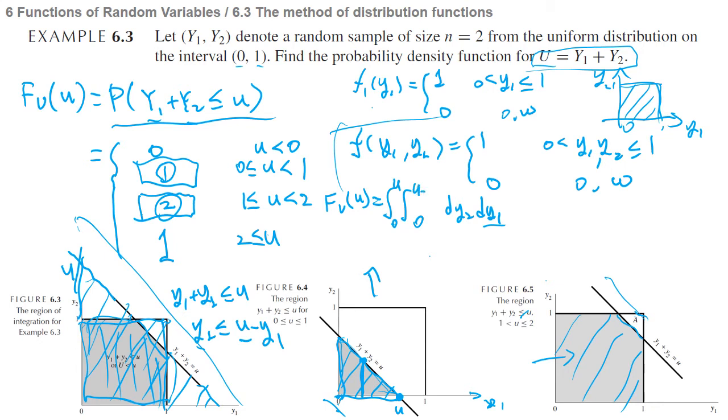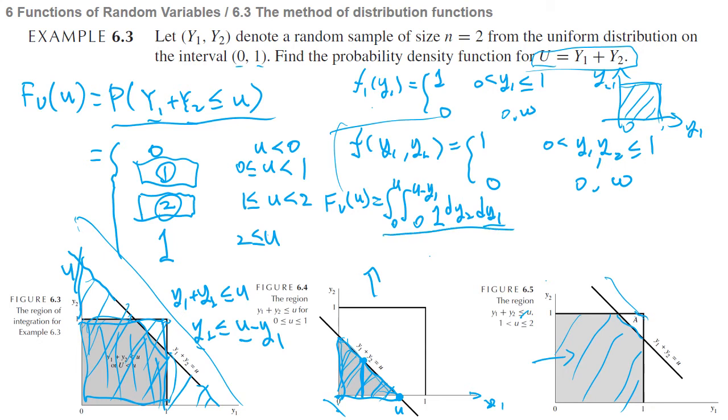And the density is 1. So to calculate the probability defined on this region, you can integrate this.